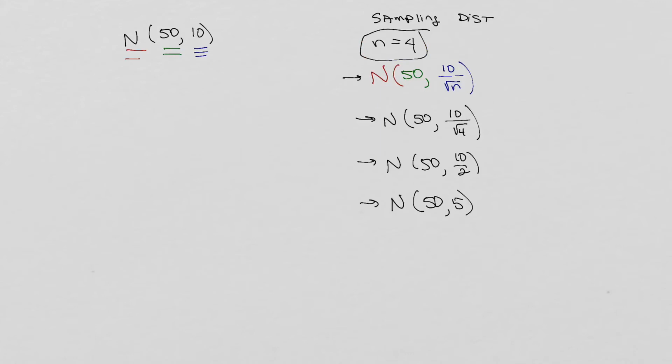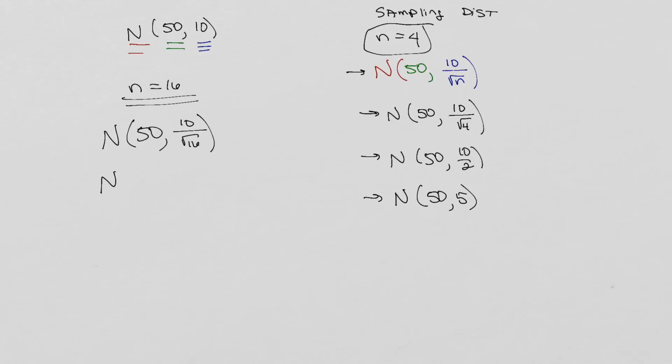Right? What if I have a sample of size 16? What are all those samples going to look like? Well, since we started off in the normal distribution, we'll still be in the normal distribution. The average is still going to be 50. But the standard deviation for the samples of size 16 is going to be the original standard deviation over the square root of 16.